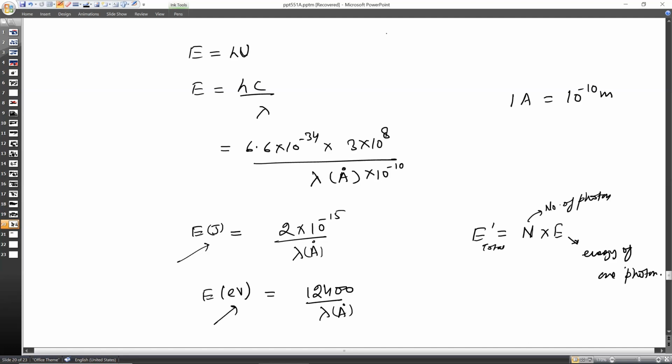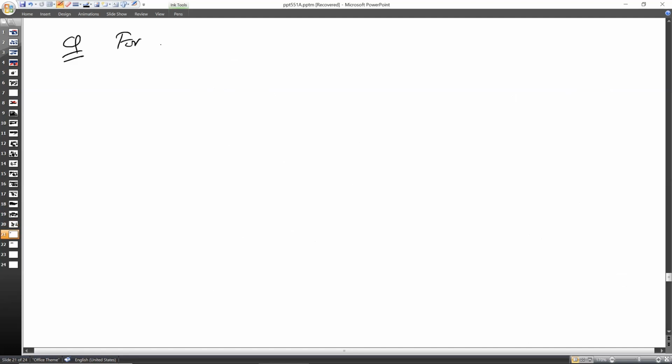So here we have this one. Question is, for a photon of wave number 10 raised to the power minus 10 centimeter inverse.